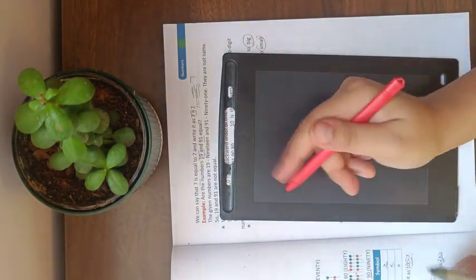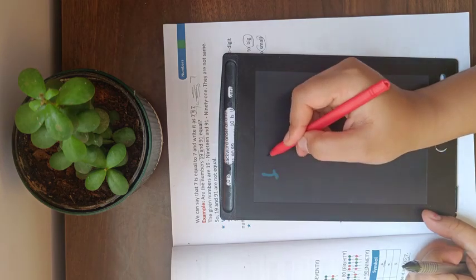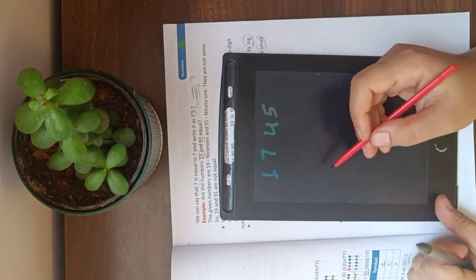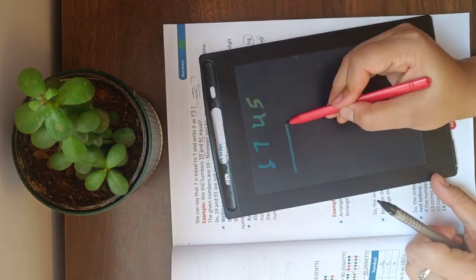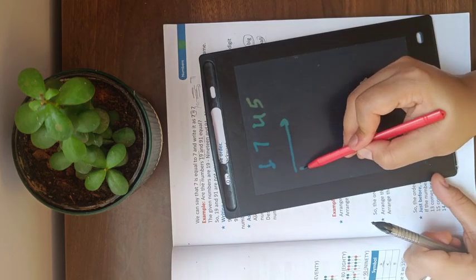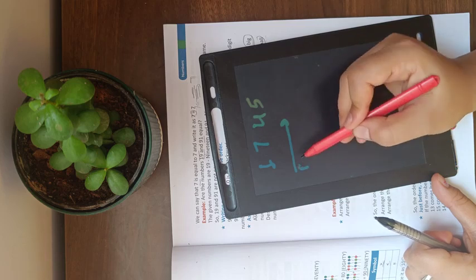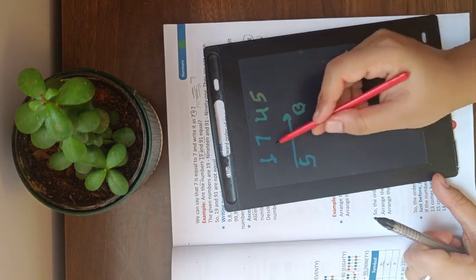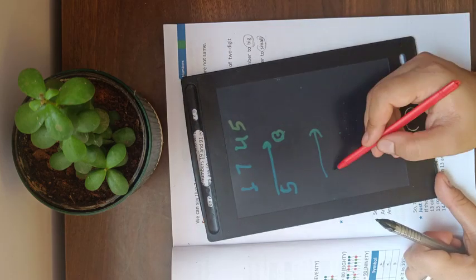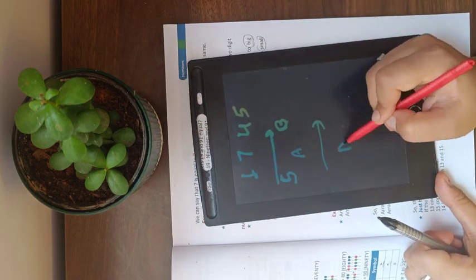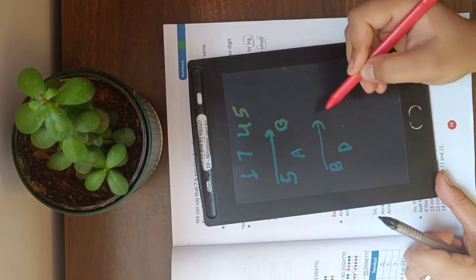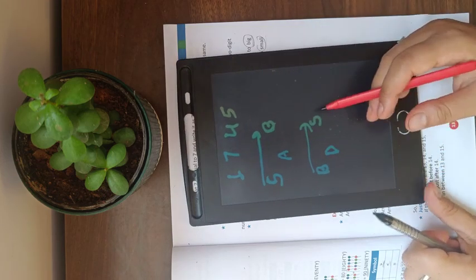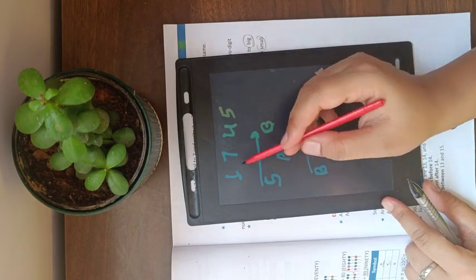So if we have numbers like 1, 7, 4, 5, and we need to put them in ascending order, we go from small to big, and if we need to write them in descending order, we put big first then small. So let's write it in ascending order.